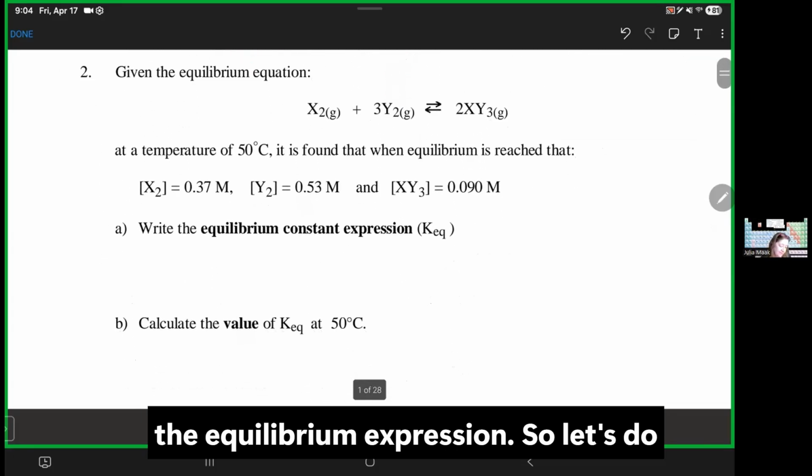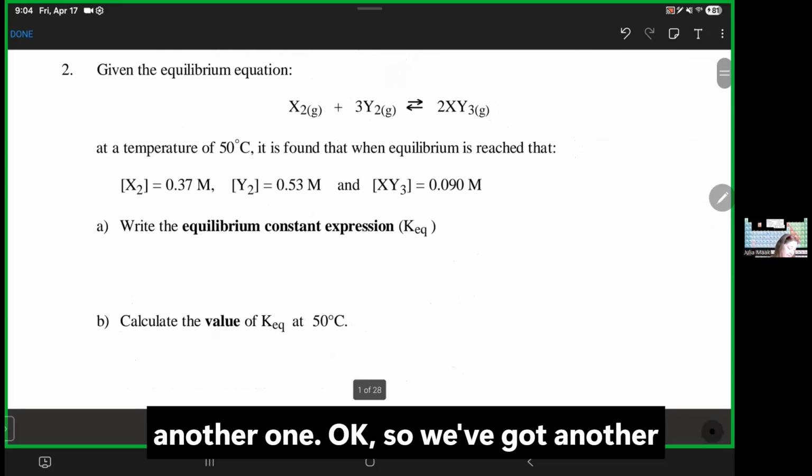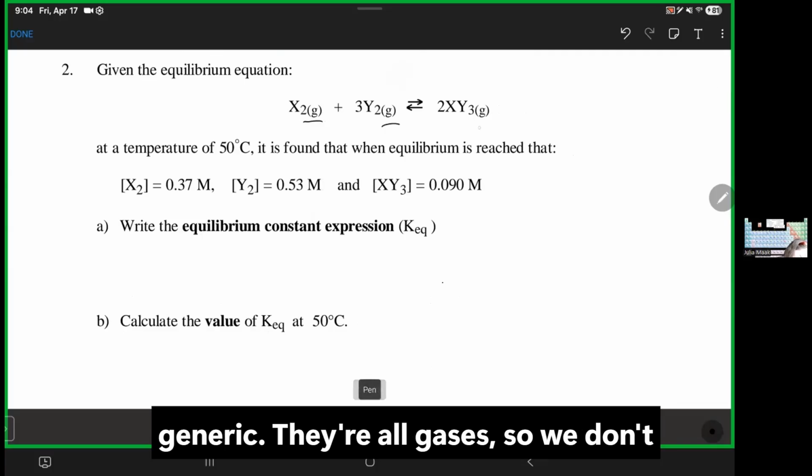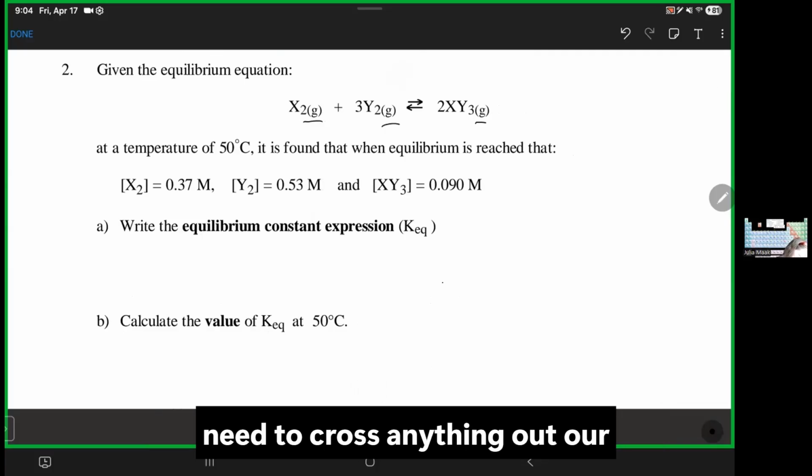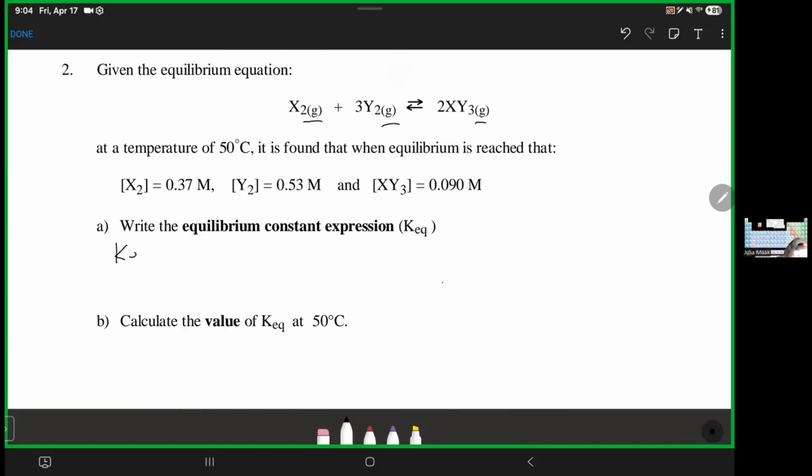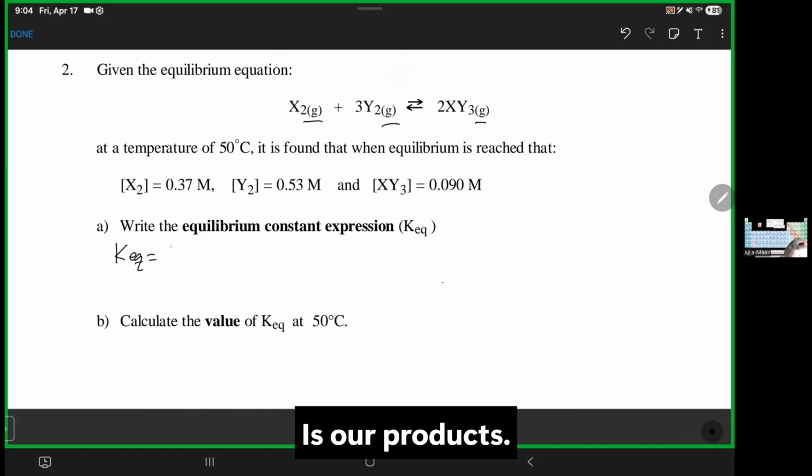So let's do another one. Okay, so we've got another generic. They're all gases, so we don't need to cross anything out. Our equilibrium expression is our products.